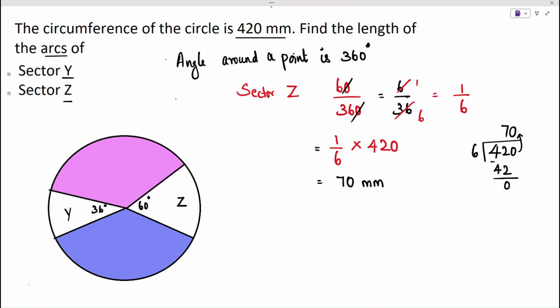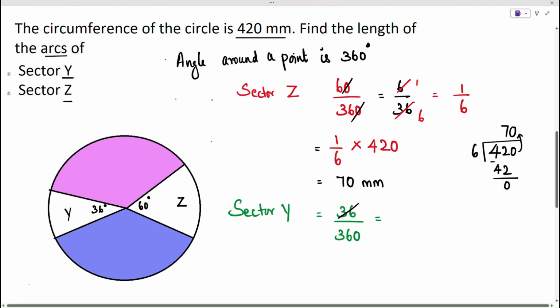Now, let's look at sector Y. For sector Y, we're going to approach it in the same way. Sector Y has an angle of 36 degrees, and we're also going to put that in a fraction of 360. So 36 over 360, and we're going to simplify. So we're going to divide the top and the bottom by 36.